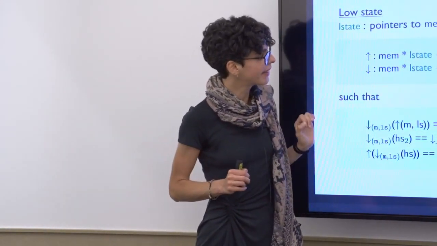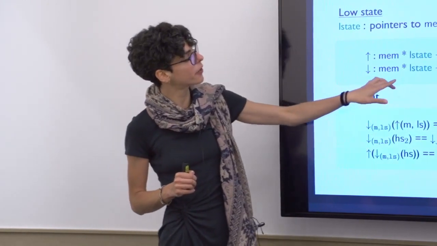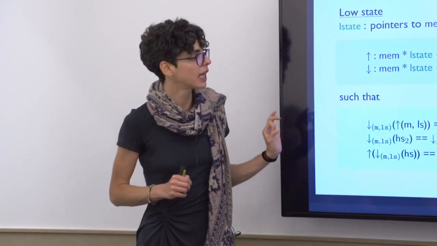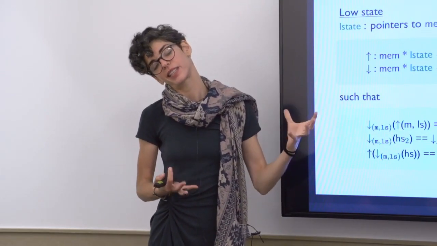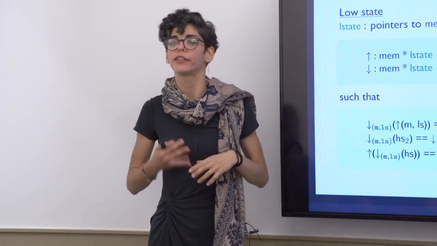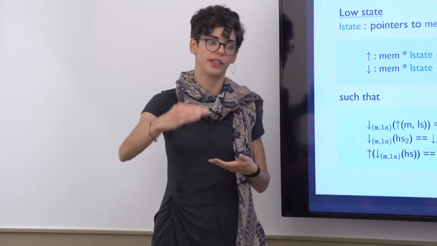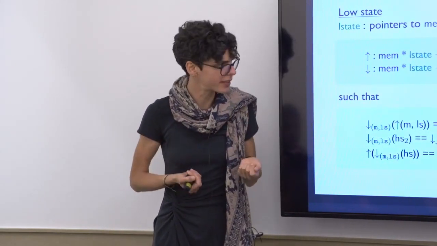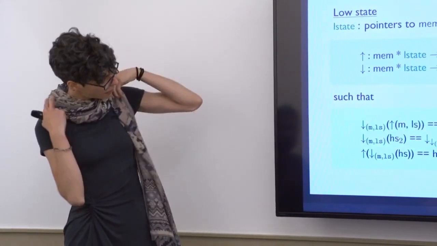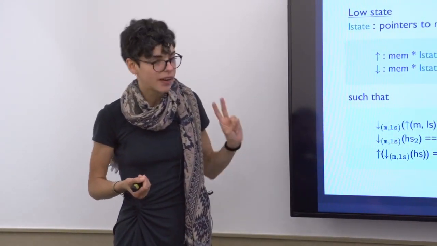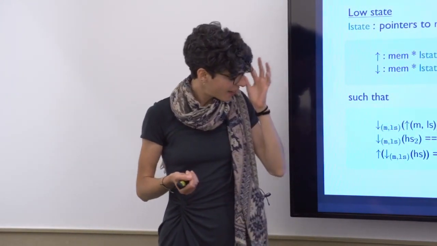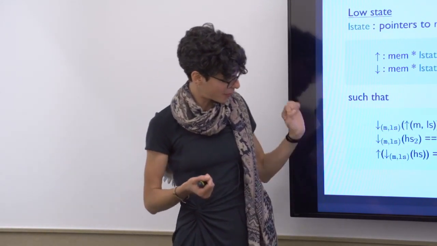Then we have the down arrow that takes a pair of memory and low state and a new high-level state, and it applies the high-level state to the low-level state in order to obtain the new low-level state. We require that these two functions have three properties.